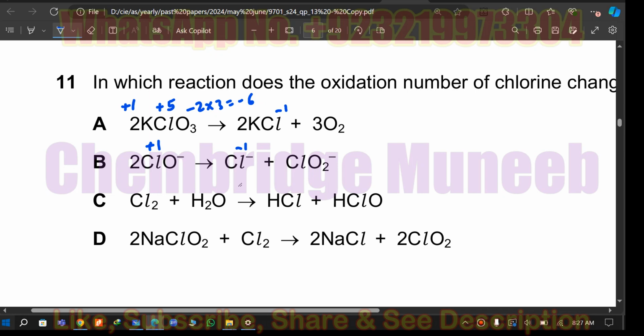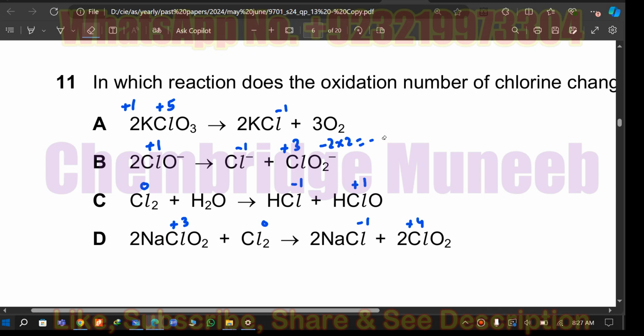Here it is already mentioned -1, and here -2 times 2 will give -4, so the chlorine should have +3. That's why you get the value of -1. Here it is 0, here it is -1, and here it is +1. Now over here it is +3. Here it is 0, it is -1 here, and it is +4 here.